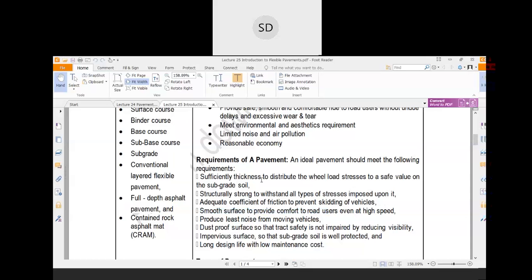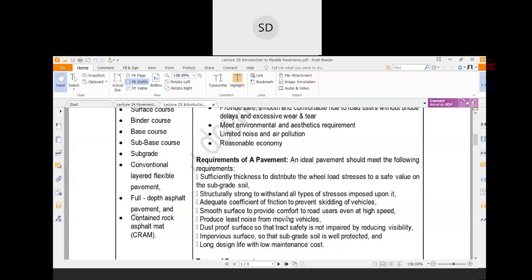Then it should produce the least noise from the moving vehicles, then a dust-proof surface so that traffic safety is not impaired by reduced visibility. If there is excessive dust, it can reduce the visibility, and moreover, that dust can also make the surface slippery.